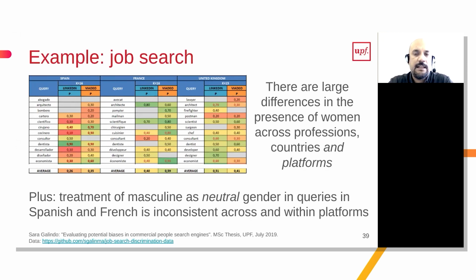And more interestingly, there are inconsistencies in the way the masculine form of a profession is used as a generic term, right? I don't know if in Dutch language, maybe somebody can answer in the chat, if in Dutch there is a difference on gender when you speak of a profession, right? So if you're looking for a professor, if you use the same word for a male professor or for a woman professor, or for a cook or for a scientist, my impression is that you may use different words.